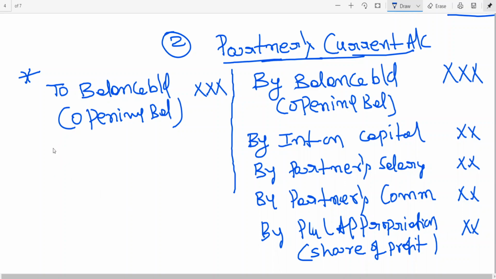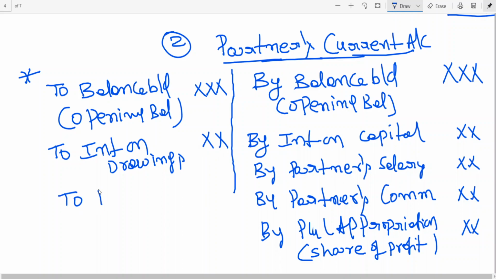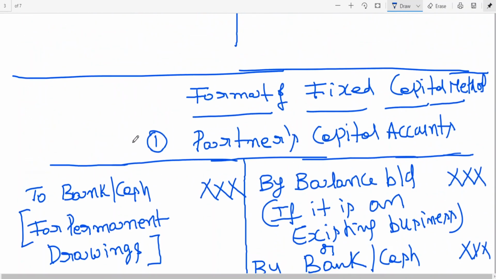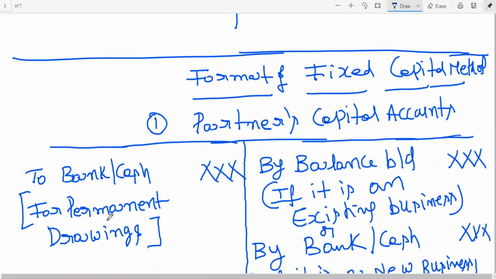Now here, interest on drawings. Equivalent entry: partner's current account debit to interest on drawings. To drawings, normal drawings. You should understand, for permanent drawings the entry is partner's capital to bank or cash.